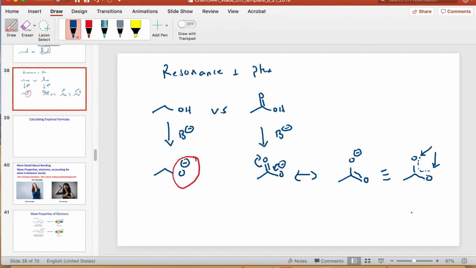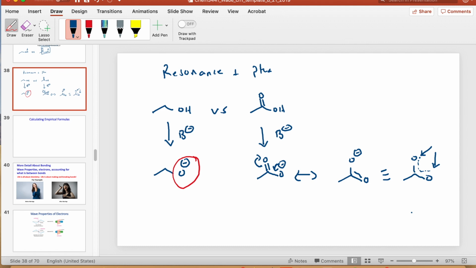So if you were to take that potato and then toss it in between your right hand and your left hand, now it probably would burn each hand a little bit, but then it wouldn't just be sitting on one single hand, right? And so it's the same sort of scenario here for this guy. Notice that I have two oxygens that can actually take that negative charge. In one case, it's on the one on the bottom, and on the other case, it's on the one at the top.